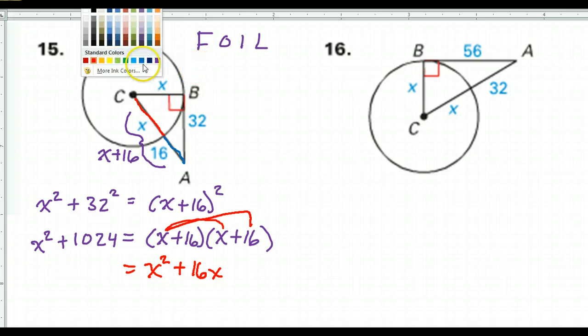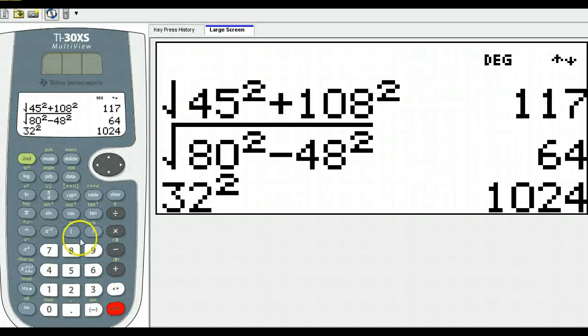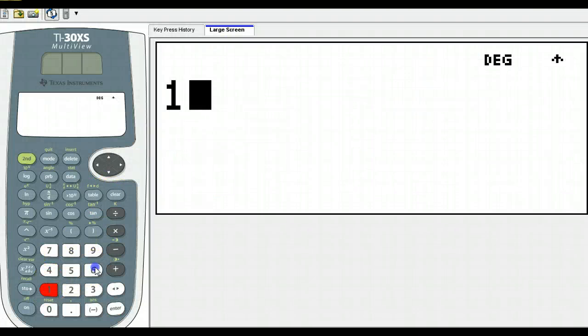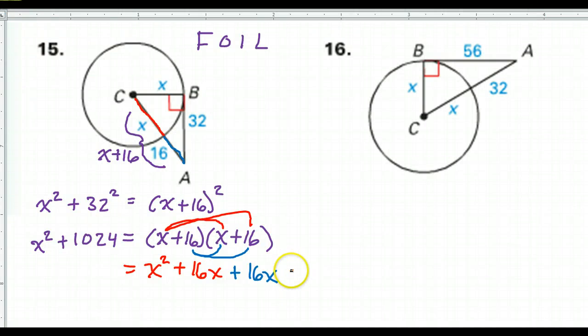But then I take the 16 and I distribute that as well. Okay, 16 times x is 16x. 16 times 16, I don't have memorized, but that's the same thing as 16 squared. That's 256. I probably should have known that. So this is what you get.